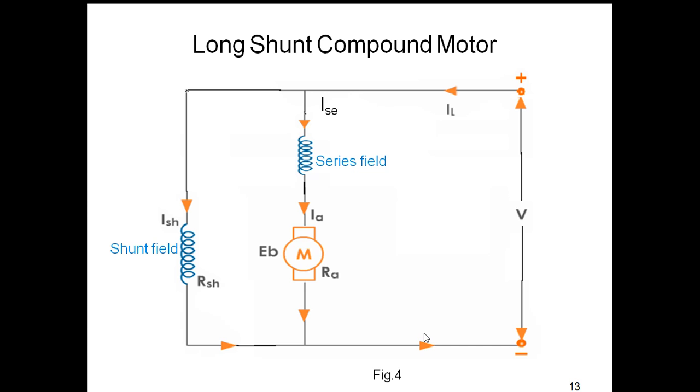Here long shunt means the shunt winding will be connected in parallel to both the series field winding and armature.